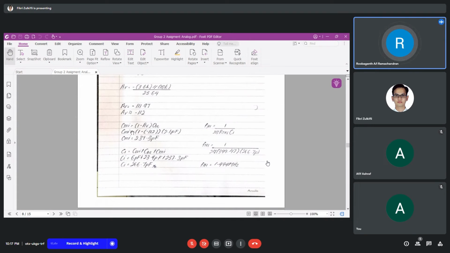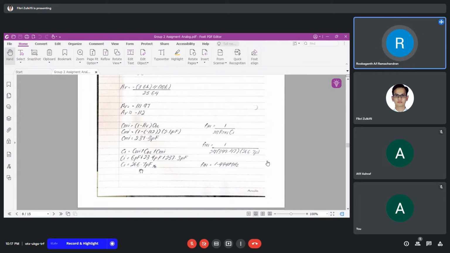The next is we find CMI, where CMI is equivalent to 1 minus AV times CBC. Substitute the values inside it, and we got CMI equals 237.3 picofarad. So to find CI, we substitute back all the equations we get: CWI plus CBE plus CMI.